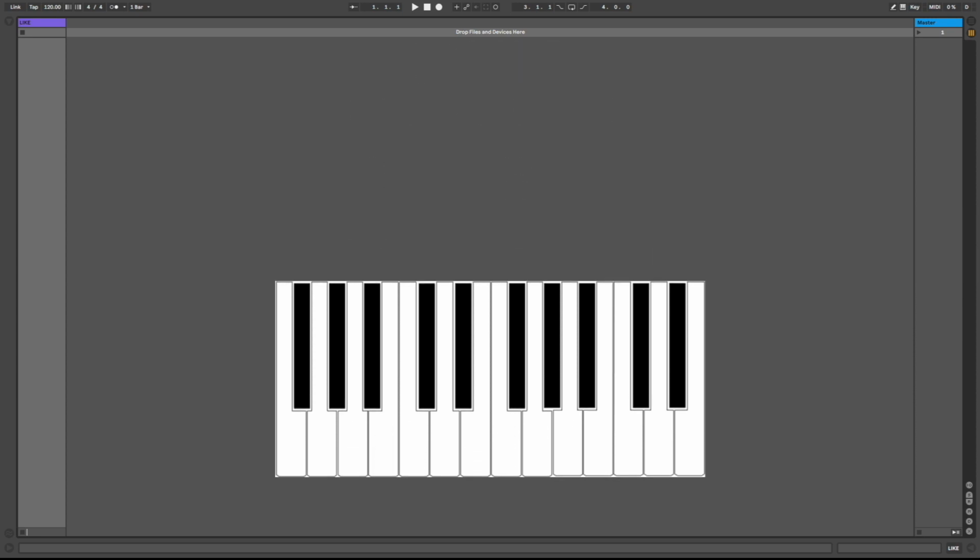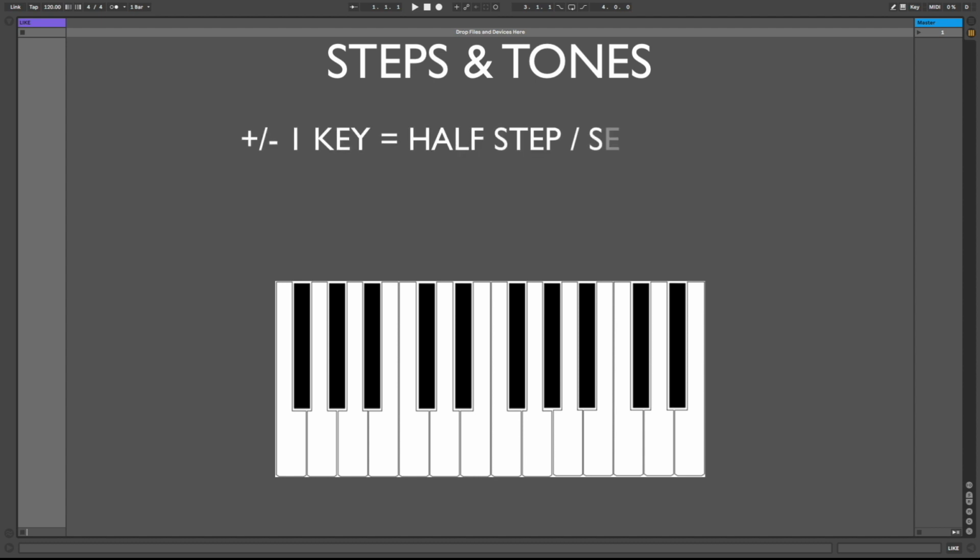Now let me talk to you about half steps, whole steps, tones, and semitones. You should know that going up or down one key on the piano or any instrument is known as moving a half step or a semitone in traditional music theory terms.